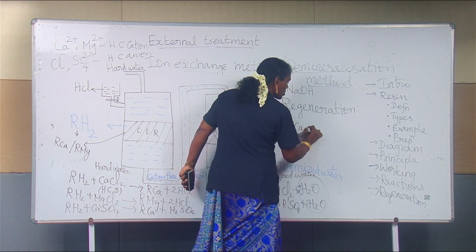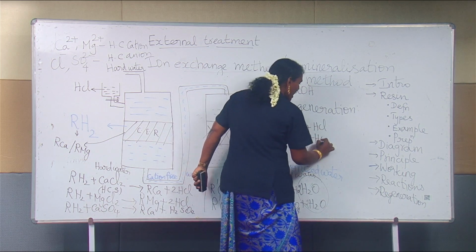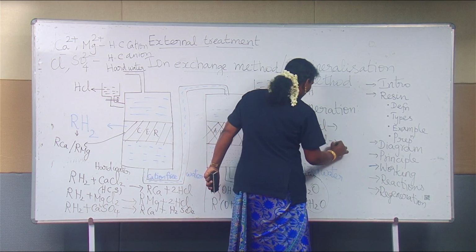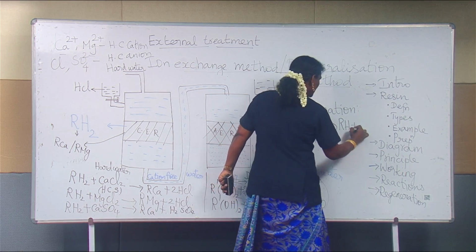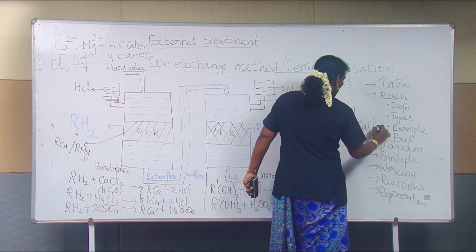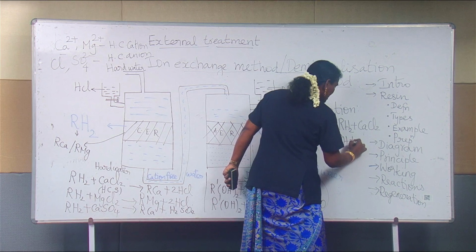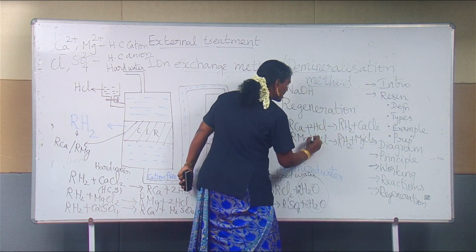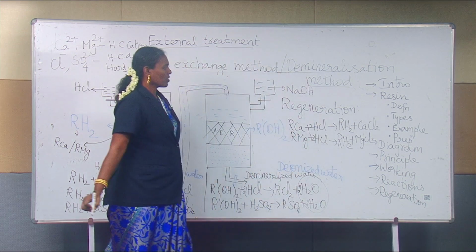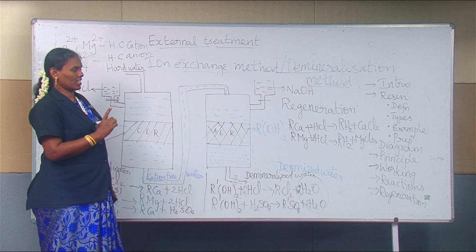With this, we add HCl. If we add HCl, what is the product? We get RH2 plus CaCl2. Similarly, RH2 plus MgCl2. To balance, you can put 2, 2. So this is cation exchange bed regeneration.